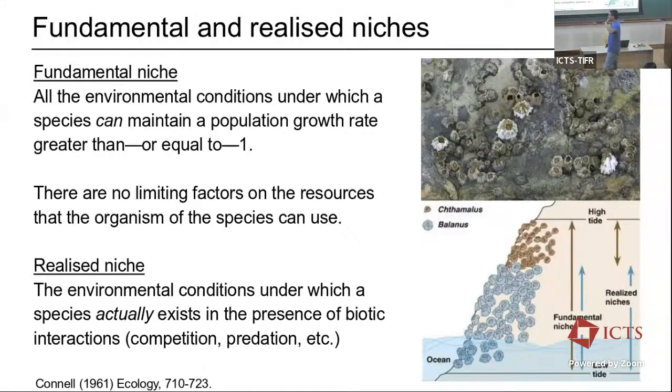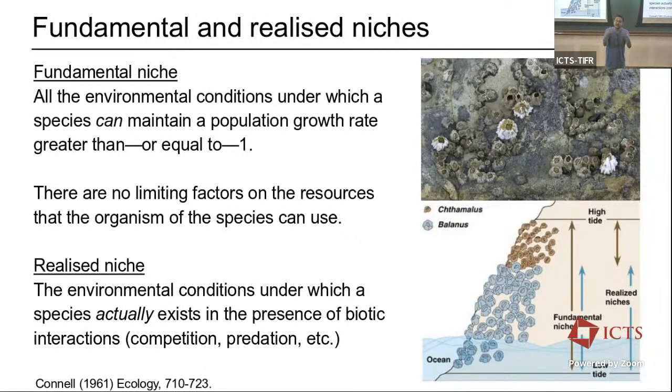The classical definition of the fundamental niche is all the environmental conditions under which a species can potentially exist and maintain a viable population. The realized niche then says, given that this species has a fundamental niche, if you start adding species interactions over this fundamental niche, what happens to where the species is actually found?